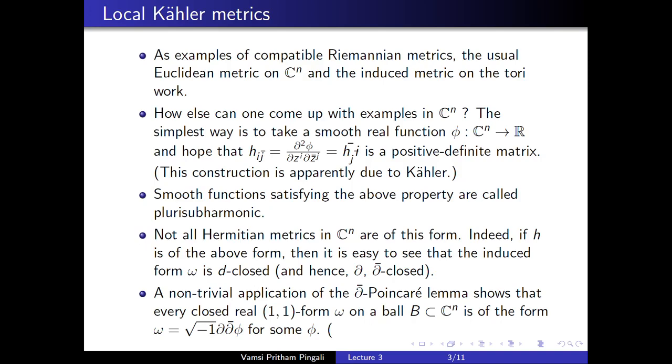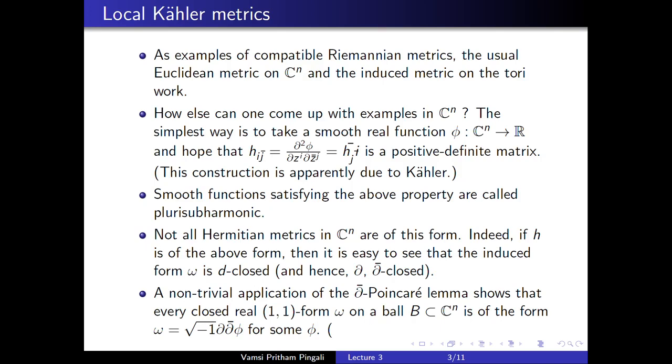Nonetheless, even given this lemma, it's not clear, but a little bit of work shows that for every closed real 1-1 form ω, what do I mean by real form? That means ω equals ω̄, right? For every closed 1-1 form ω on a ball, you can always find a φ so that ω is √-1 ∂∂̄φ, where φ is real valued.